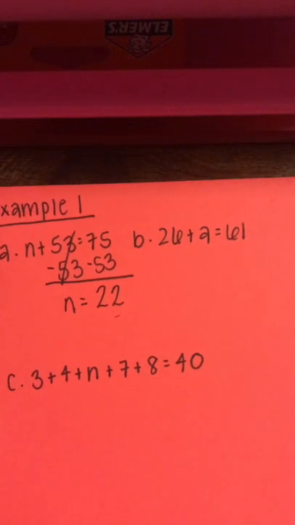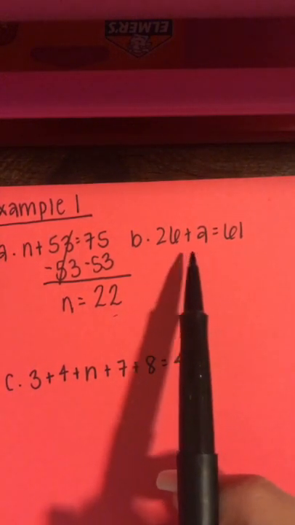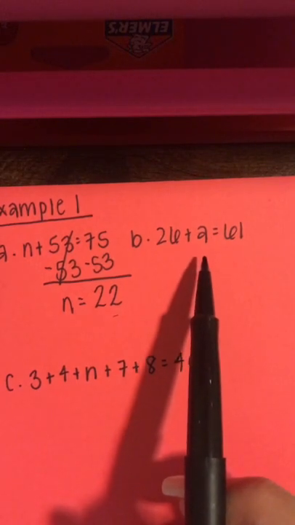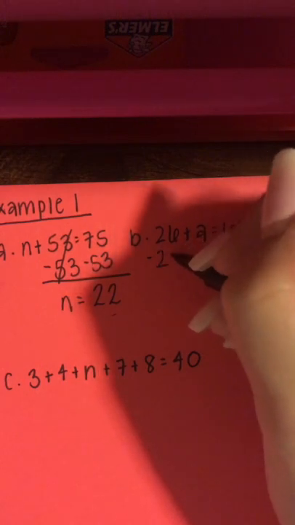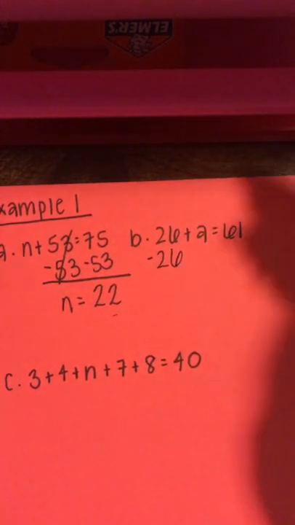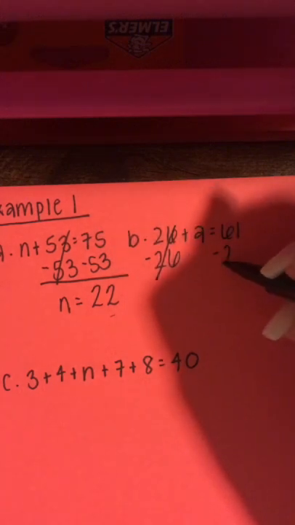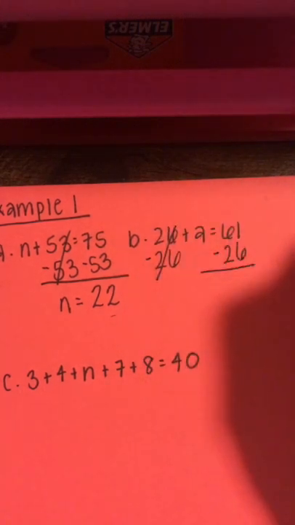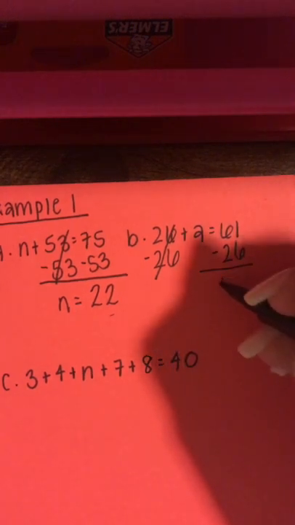For b, we are doing the same thing. So we have our unknown number a. We want to isolate this number. So what we will do is we will subtract 26. The 26 on the left side crosses out, and then we are going to subtract 26 from the right side. So once you do your math, 61 minus 26 equals 35.